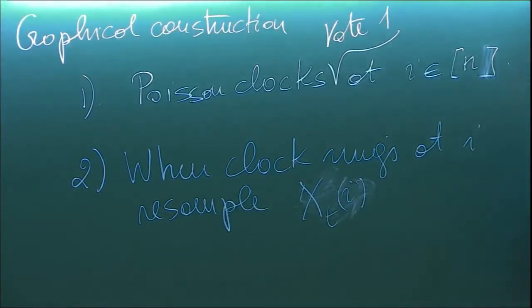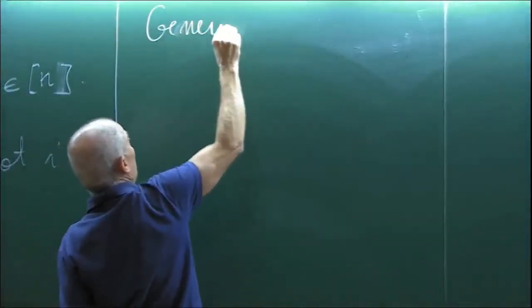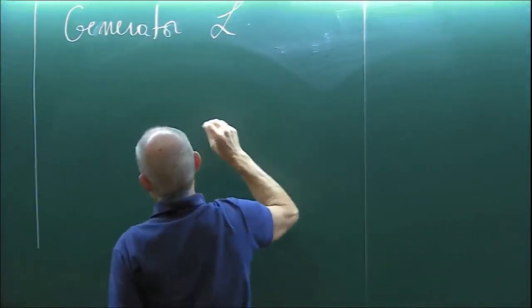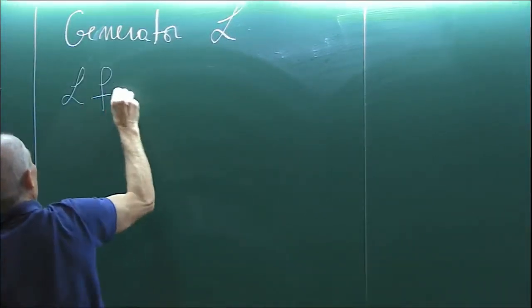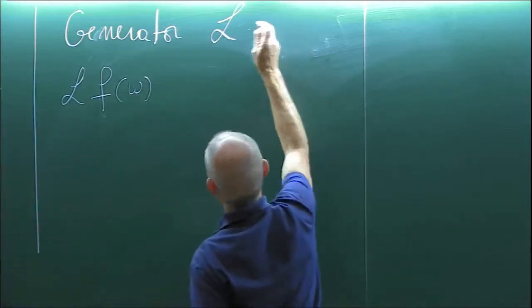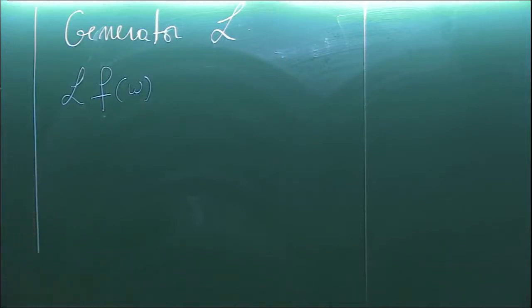Okay, so there is a generator. This Markov chain has a generator L, and you can compute the form of this generator. Usually the generator is the transition matrix minus the identity.